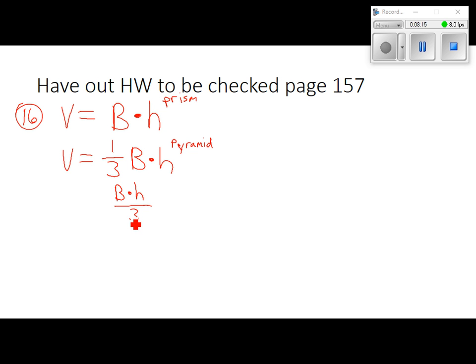So, if we have a prism and it has the same base and the same height as this pyramid, what do we notice about the volumes? The volume of the pyramid is 1/3 of the volume of the prism.